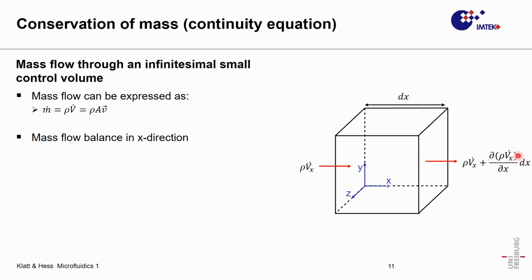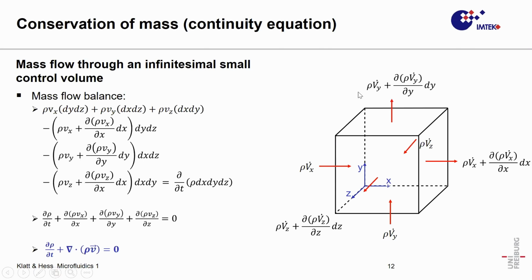This is this term, so the partial derivative of the mass flow in x direction with respect to x times dx, because dx is the distance over which this change happens. So if we now balance those two terms, we can write down the mass flow balance in x direction, which reads like this.